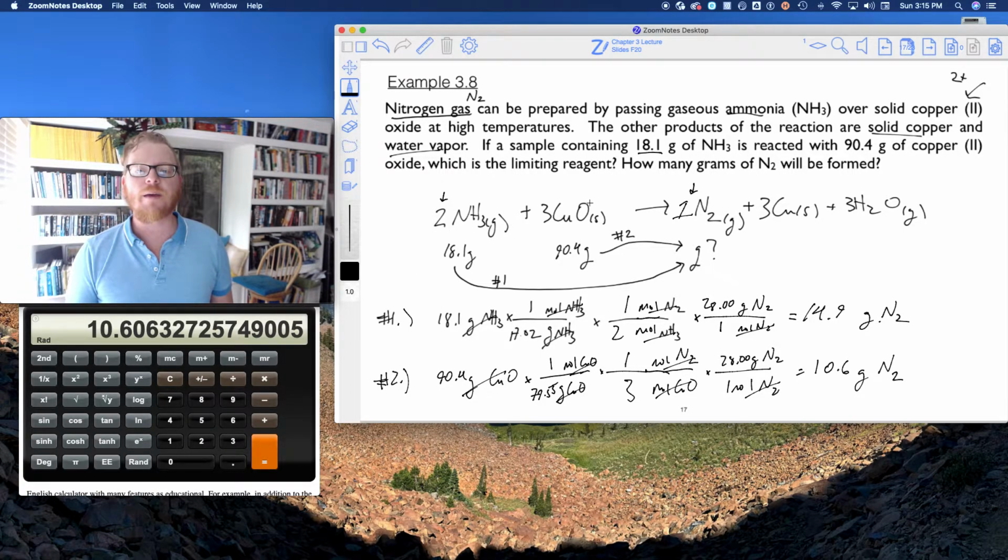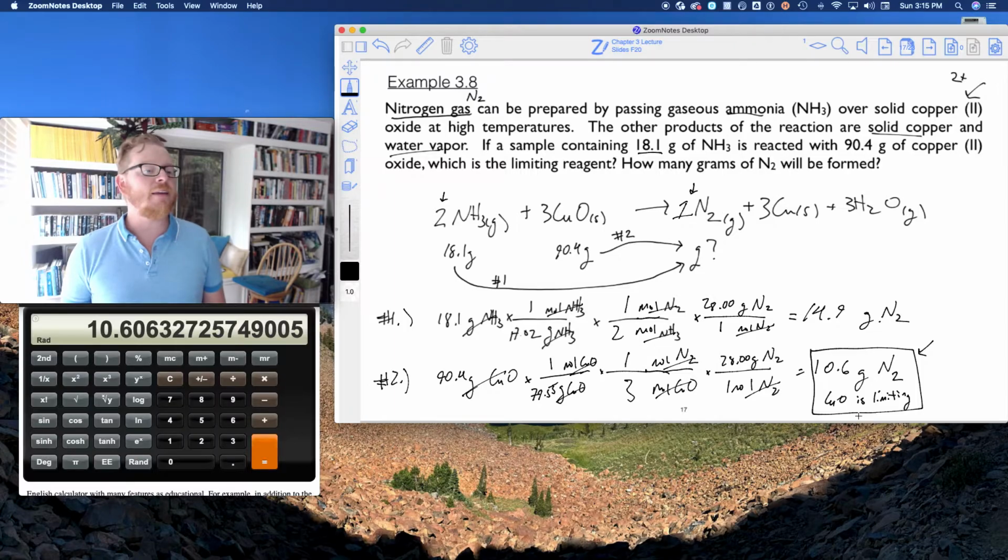But now if I ignore the ammonia and I look at the copper 2 oxide instead, 90.4 grams of copper 2 oxide will only make 10.6 grams of nitrogen. And remember, the least is the most. So how many grams of N2 can be formed? That many. And which is the limiting reagent? Copper 2 oxide is limiting.